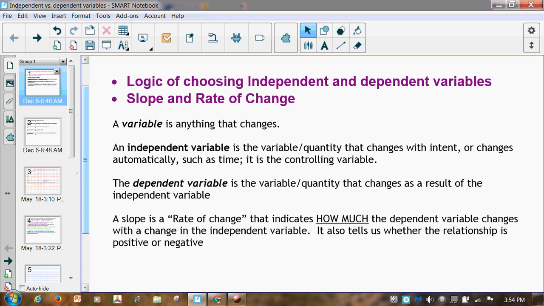Okay. A slope then, and we've already talked about this in other lessons, but remember that slope is considered the same thing as a rate of change, and that indicates how much the dependent variable changes with a change in the independent variable. It also tells us whether the relationship is positive or negative.